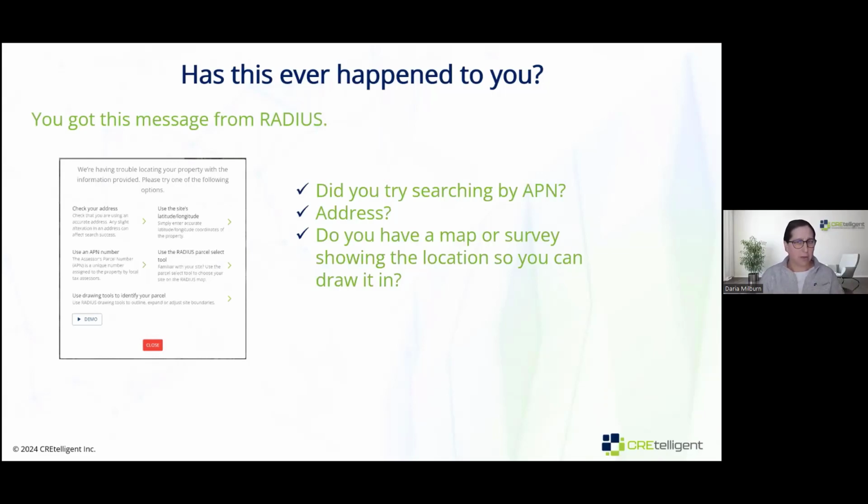There are a lot of things that could contribute to this. I talked a little bit about how the county assessor's ArcGIS grid may be off. Some counties have better record keeping than others, so rural areas generally have more difficult properties to locate.